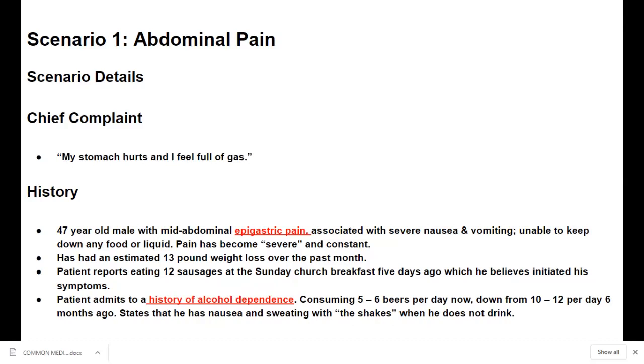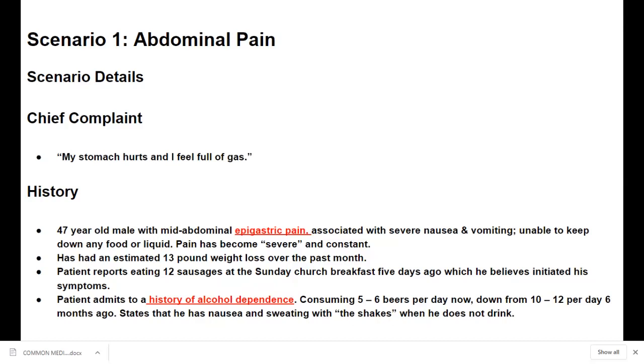Okay, and so we have a history of alcohol dependence. I want to look at the word history. Well, I don't agree that it's history, because he's still consuming 5 to 6 beers a day now. So he has alcohol dependence. So I'm going to go to dependence, alcohol.